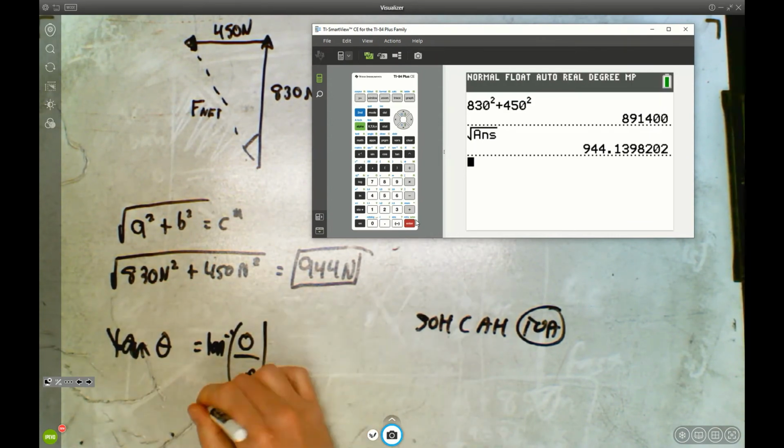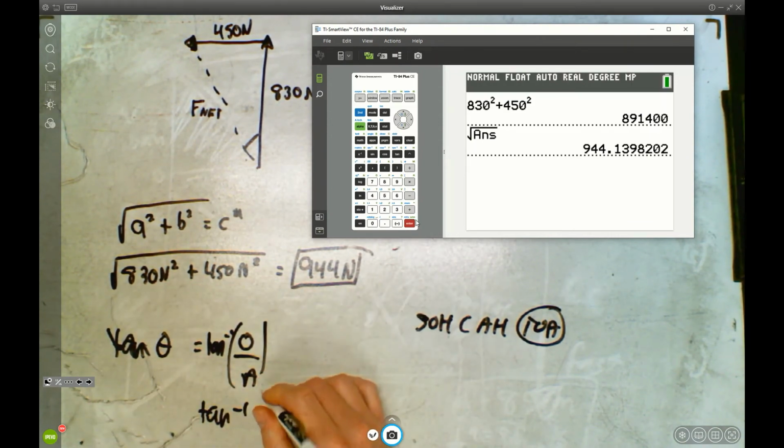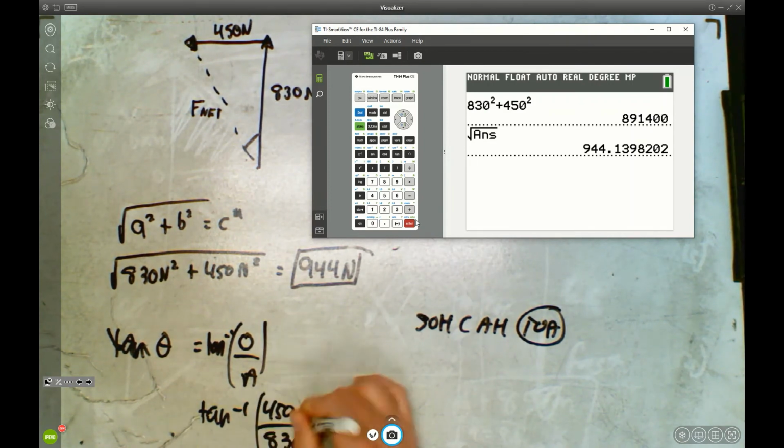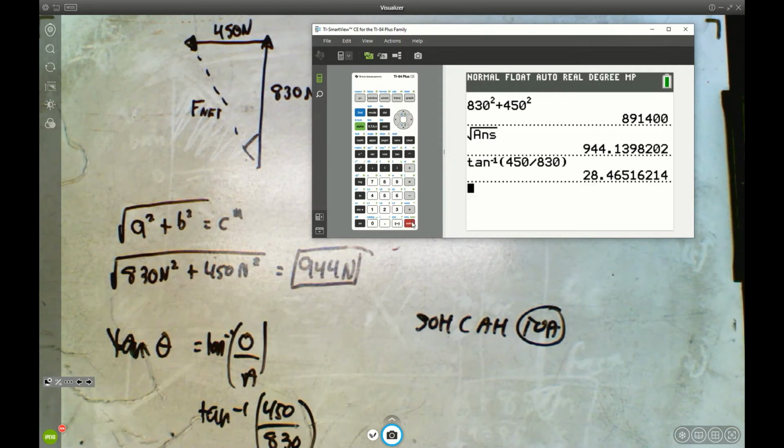So it's going to be tan -1 of opposite, which is 450, over 830. So I type that into my calculator: 450 over 830. And I get 28.5 degrees.